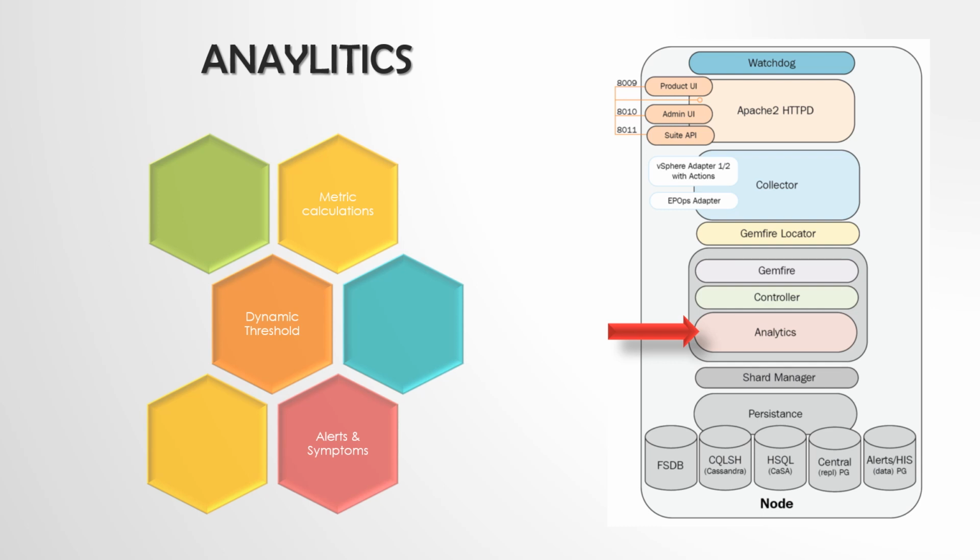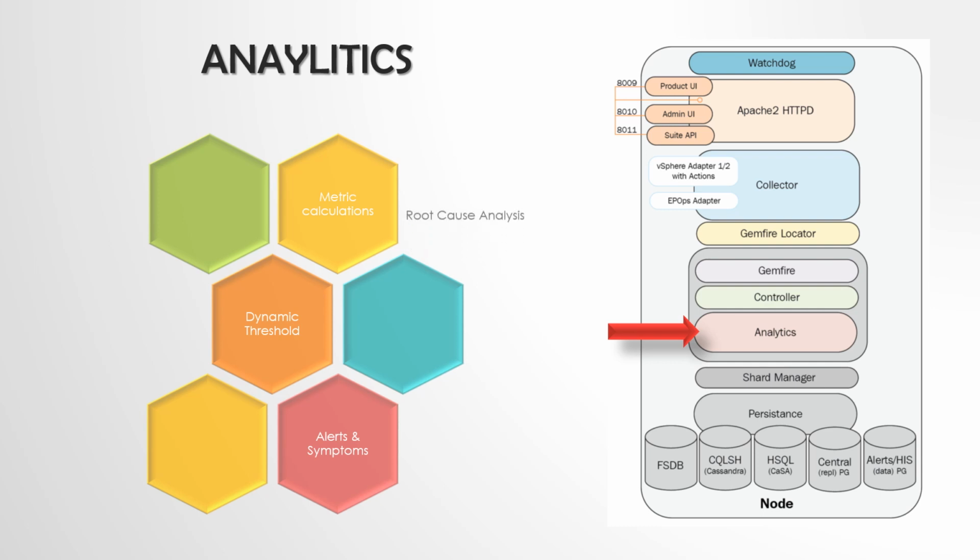So what analytics does is it checks the alerts, what all symptoms they contain and what all conditions have been applied on all of the symptoms, whether they are true or false, and then triggers alerts accordingly. It will also check what all symptoms have been triggered and what all symptoms are not triggered.